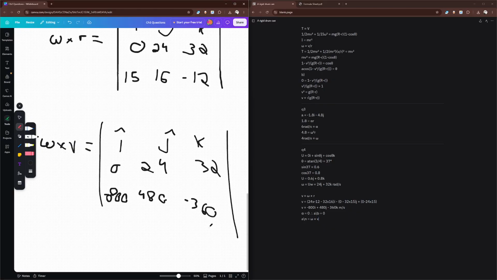So if we were to write this out, we get that a_n is equal to, and you can write down a_n as just a because it's the only acceleration we have, right? So if you wanted to just denote it as a, you could.